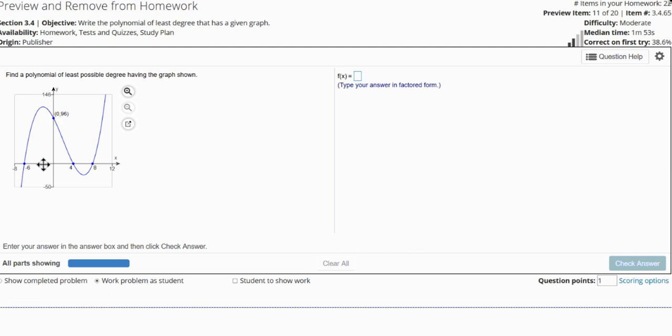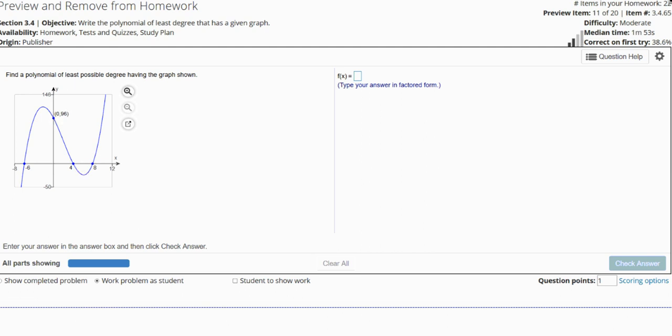So since I see 1, 2, 3 x-intercepts that are all being crossed by the graph, I'm going to go with the least possible odd multiplicity for each one of those, and say that they all have a multiplicity of 1. And that's because I'm going for the least possible degree.